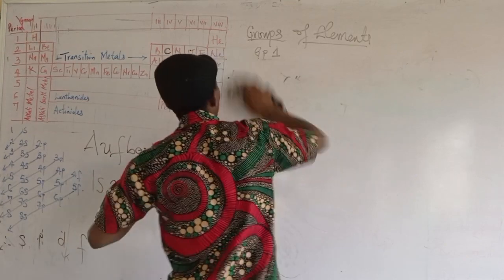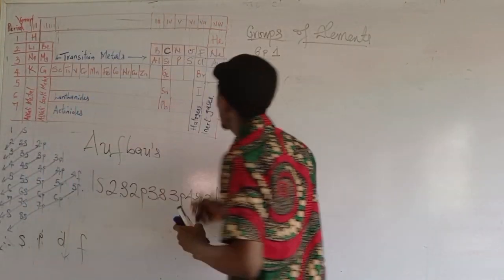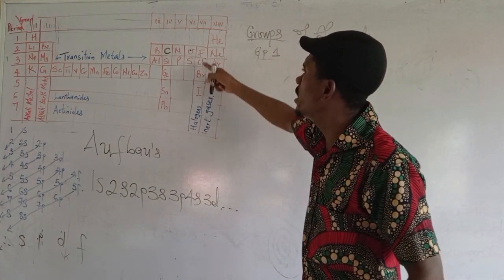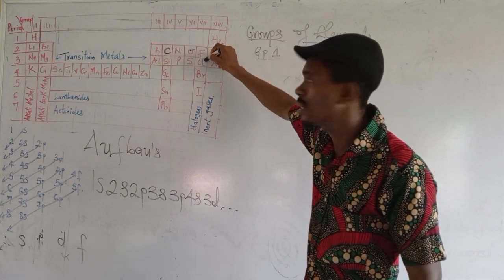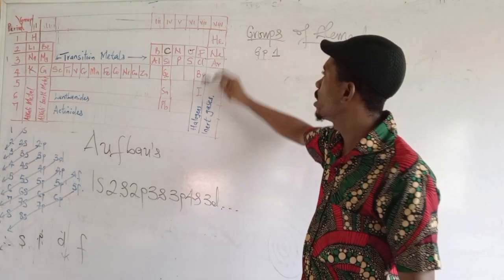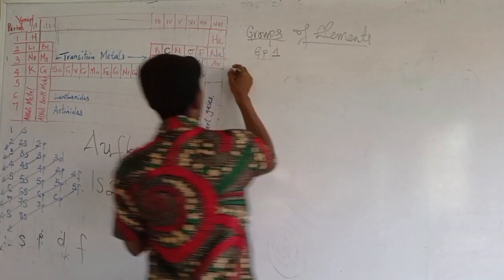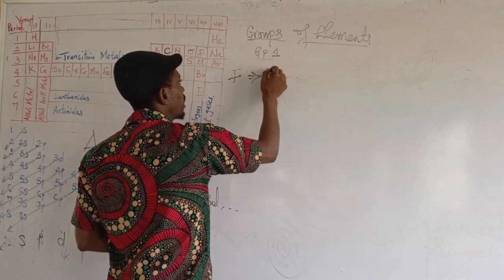Alright. So what about their colors? Now, as is expected, as they go downwards, they change their state. So the first two, fluorine and chlorine, are gases. Bromine is a liquid, and iodine is a solid. Okay, fluorine will give us yellow.